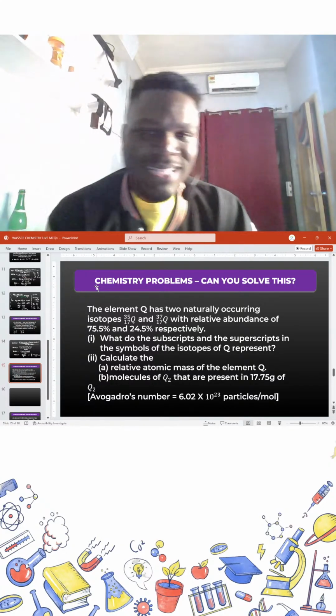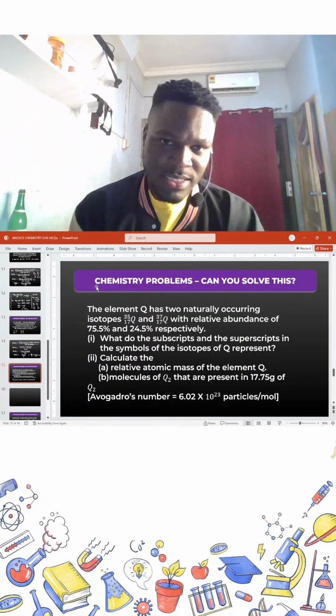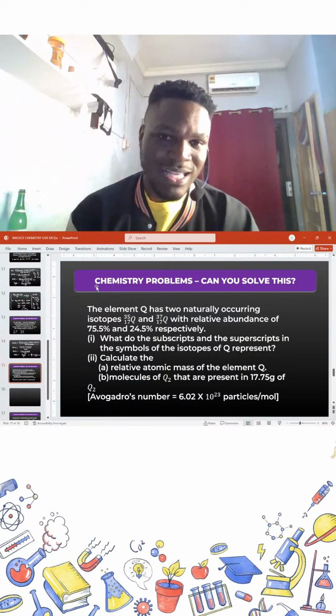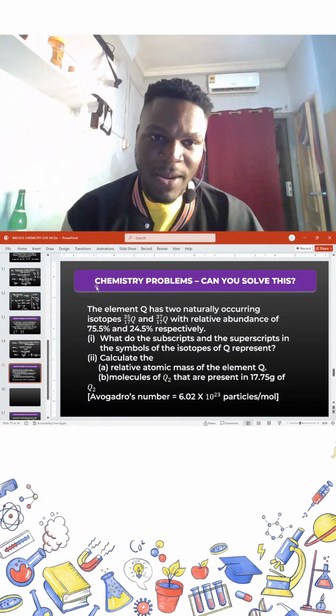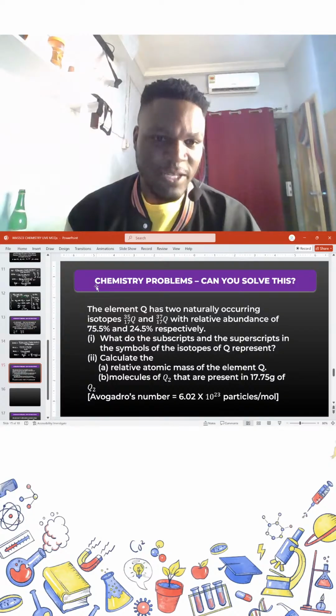We have the element Q has two naturally occurring isotopes, that is Q35 and Q37, with relative abundance of 75.5% and 24.5% respectively.